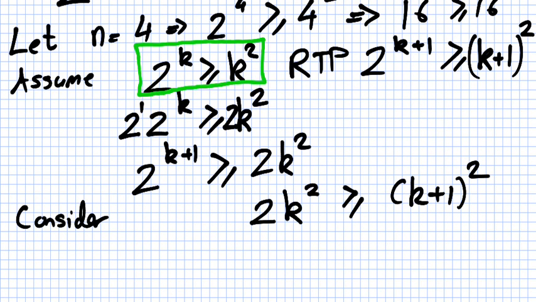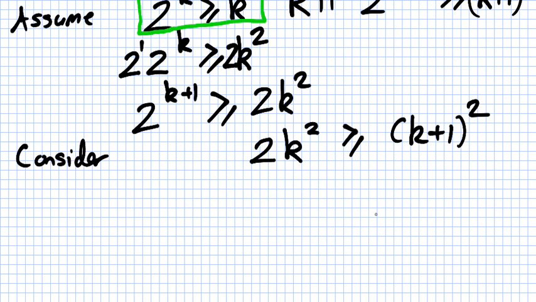And we try and see if we can prove if this is true, because if I call this A and this B and this C, we're saying that A is bigger than B. We've shown this, and now we're trying to show that B is bigger than C, so therefore we'll have A is bigger than C, and A is 2 power k plus 1 and C is k plus 1 squared. So this is what we're trying to ultimately prove. So let's see if we can show that this is true.